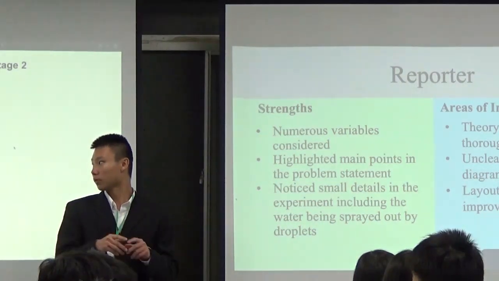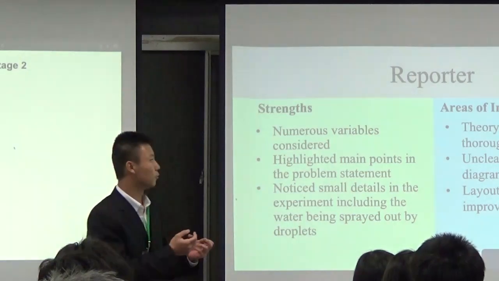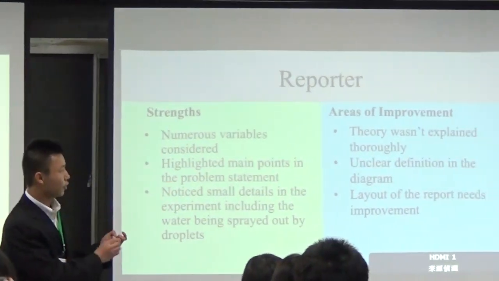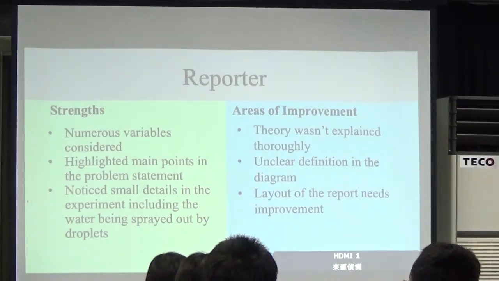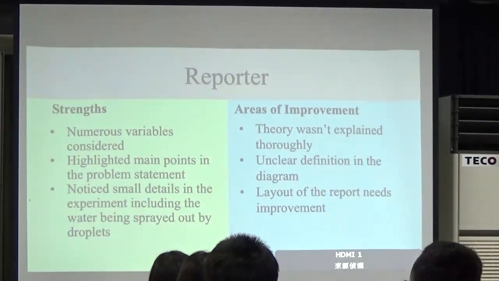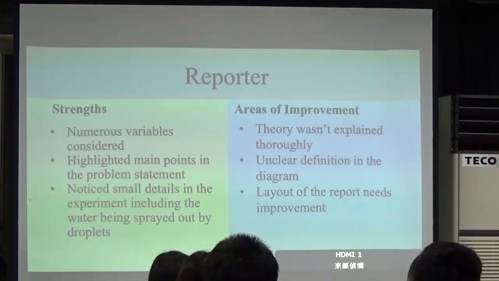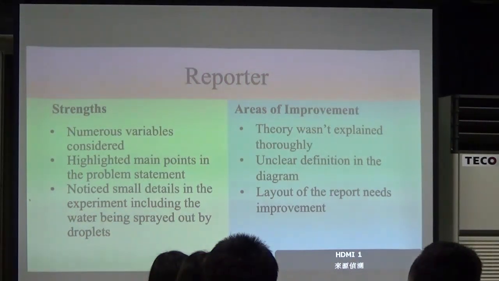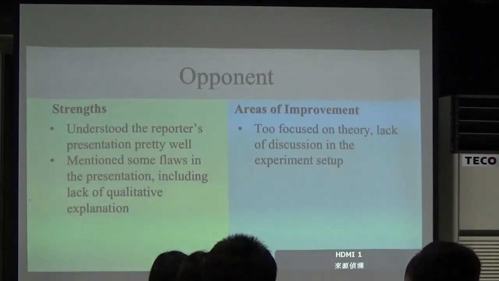However, there are some points of concern where the theory wasn't explained thoroughly by the reporter, and he doesn't have a clear definition in his diagram also. And the layout of the report needs some improvement.